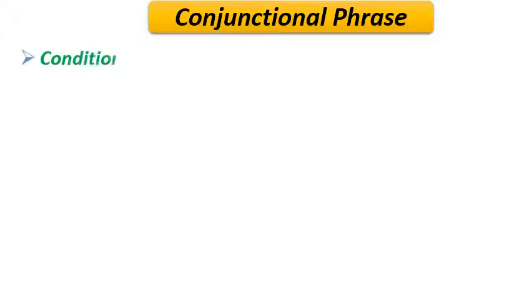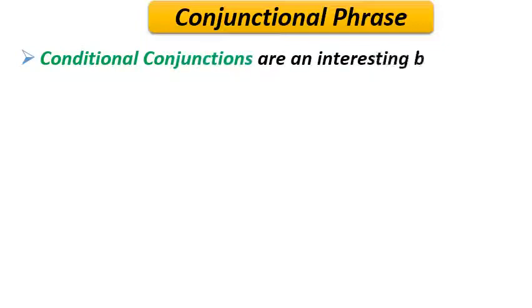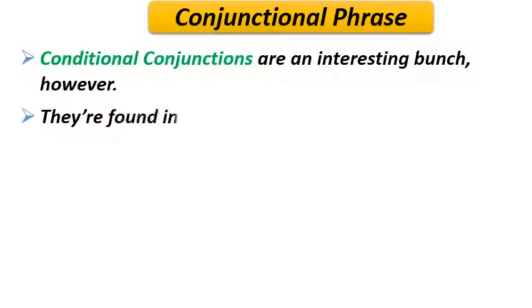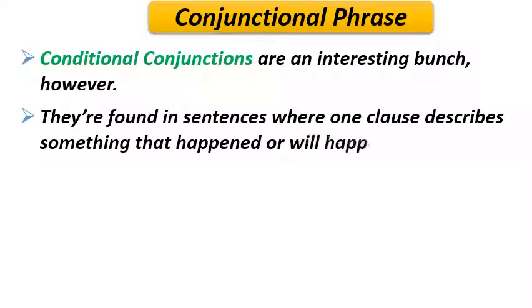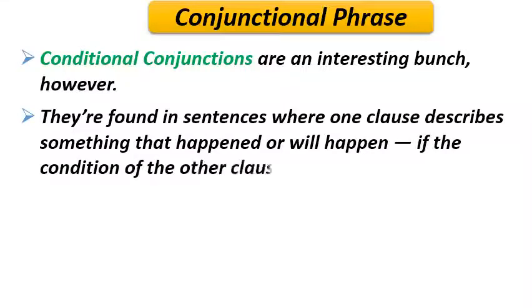Or we can say conditional conjunctions are an interesting bunch. However, they are found in sentences where one clause describes something that happened or will happen if the condition of the other clause is satisfied.